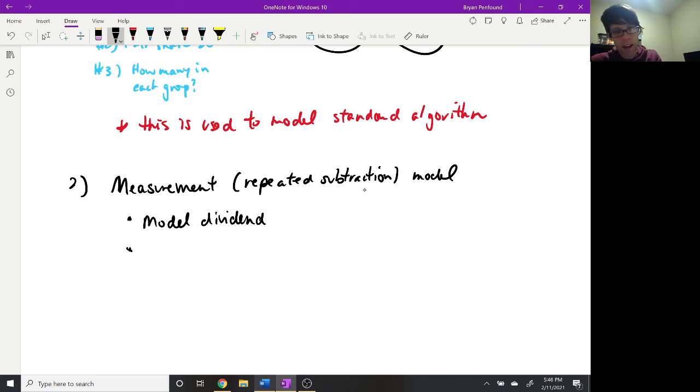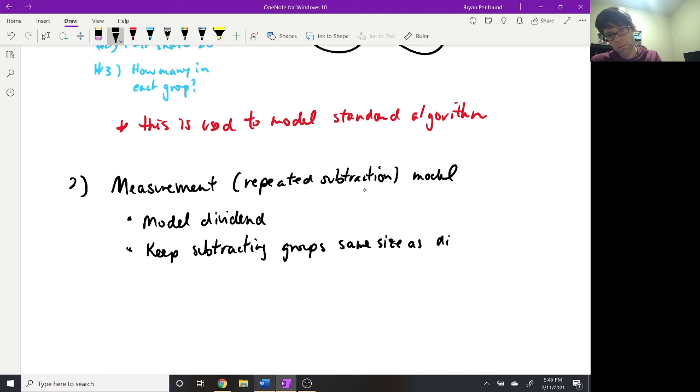So we keep subtracting groups the same size as the divisor, and we keep doing that until we run out of the ability to take anything more away. Then we look at how many times we were able to take away, and that's going to be our quotient.